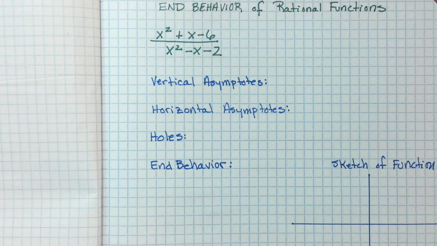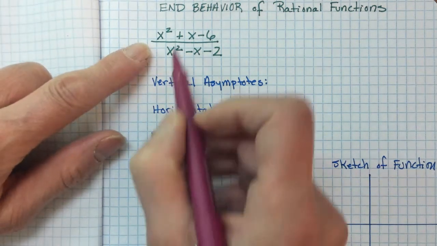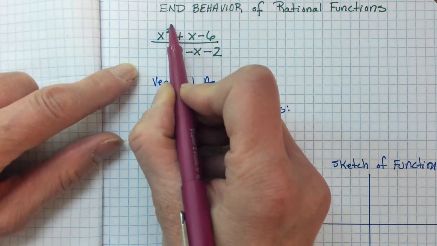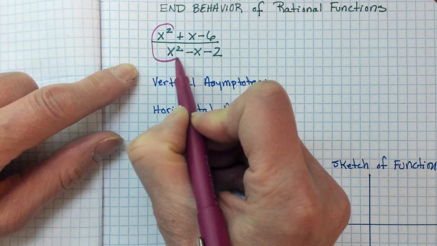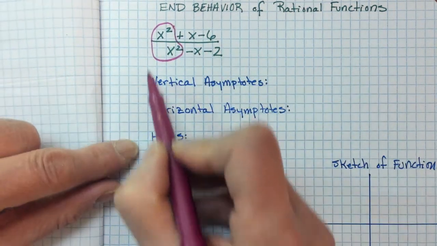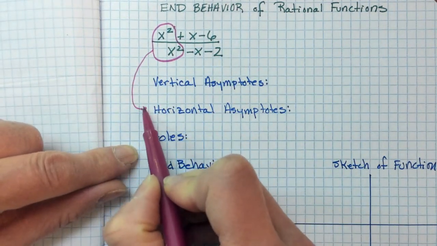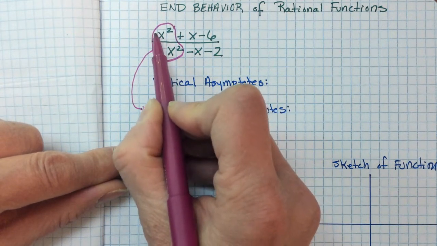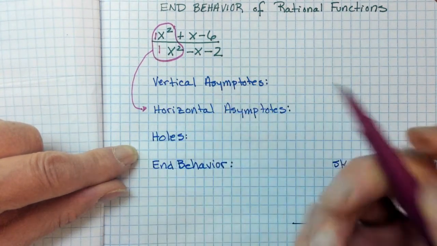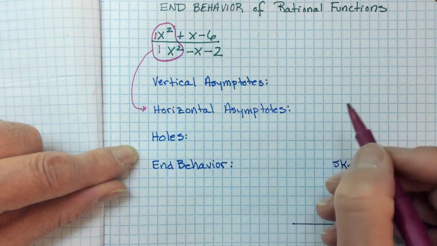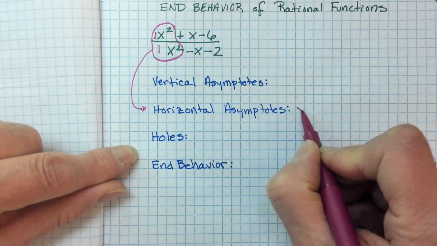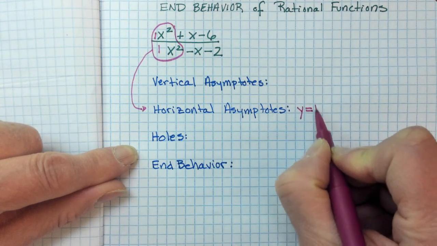So the first thing that's probably the easiest to look at would be our horizontal asymptote. For the horizontal asymptote, we're just going to look at the ratio of our highest degree. The ratio of our highest degree is 1 over 1, so the horizontal asymptote is where y equals 1.